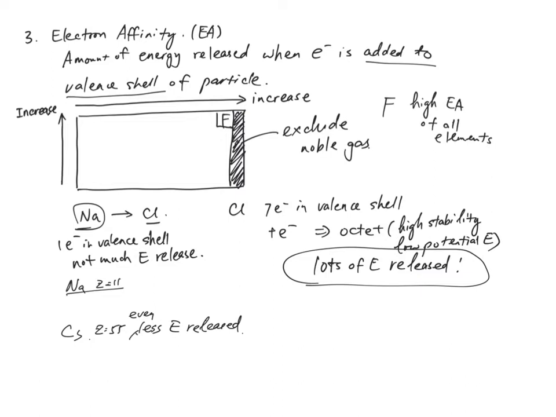All right, the last periodic property we're going to talk about here is called electronegativity, or EN. So what is this? Electronegativity, in a way, has some relationship with electron affinity, because it's all about getting electrons.